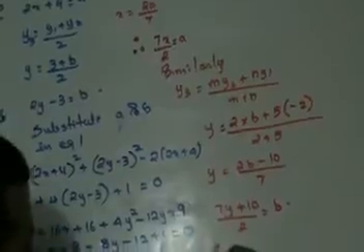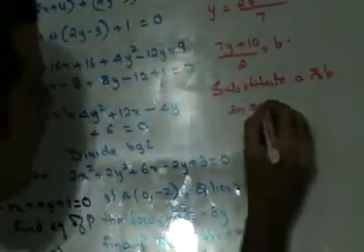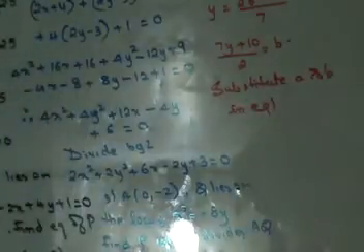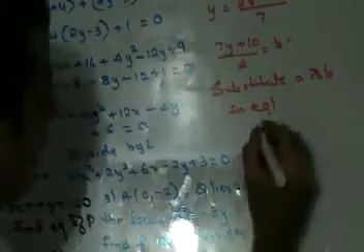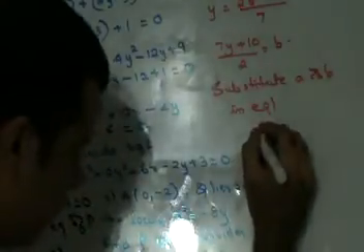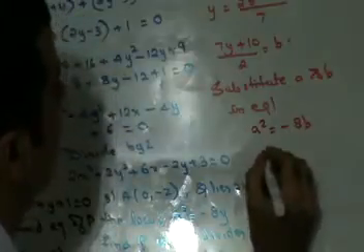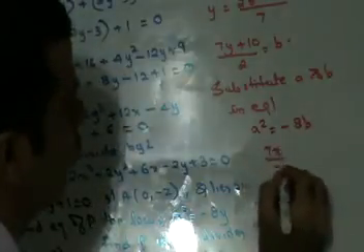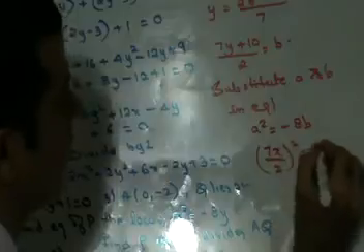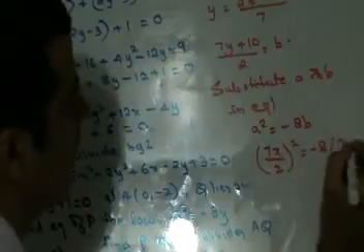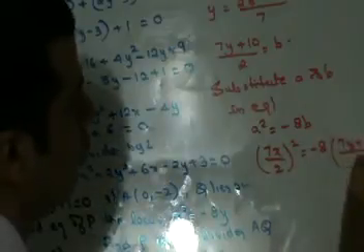Now substitute a and b in equation 1. Equation 1 is a square is minus 8b. So instead of a, I can write (7x upon 2) the whole square is minus 8b, and b can be written as (7y plus 10) upon 2.